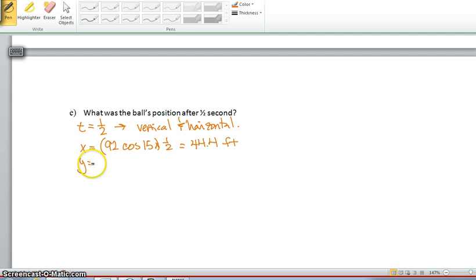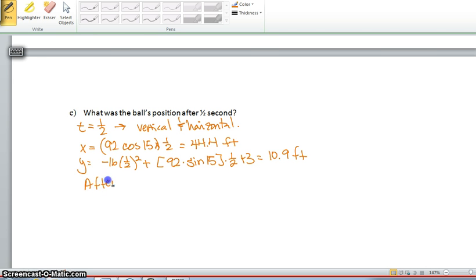For vertical, it was negative 16 t squared, which is half squared, plus 92 times sine of 15 times 1/2 plus 3. If we calculate this, we get 10.9 feet, just like what we saw in the calculator.